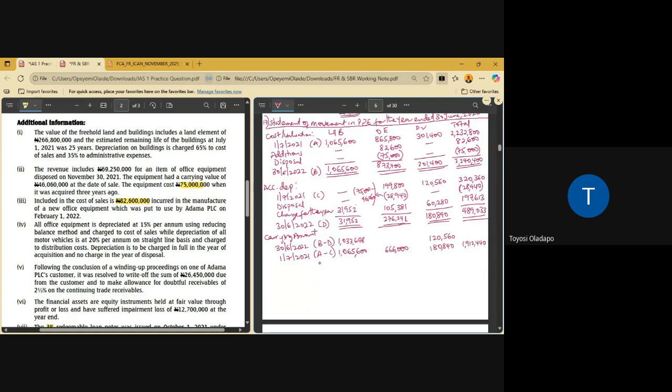Then office equipment for 30/6 is 597,159. So what's the total? 1,751,367. Yeah.